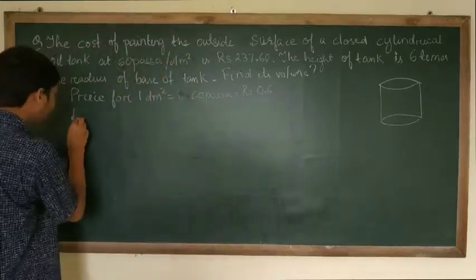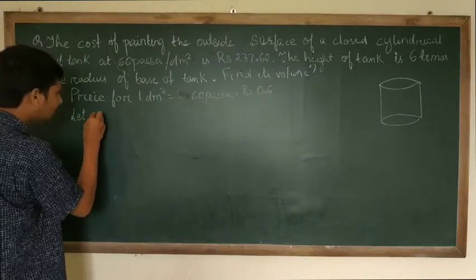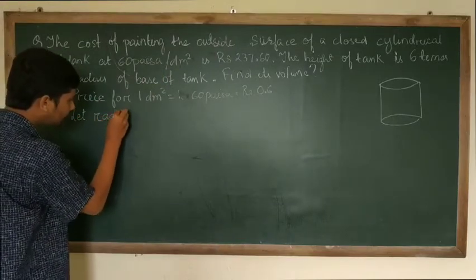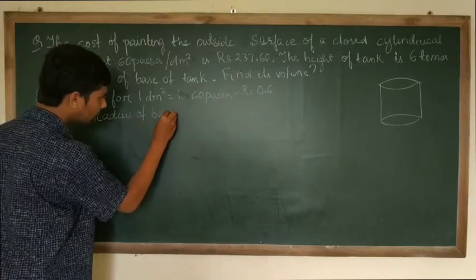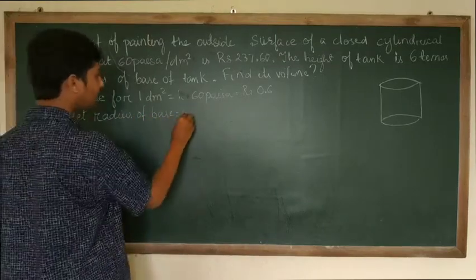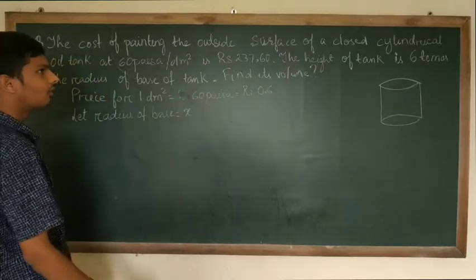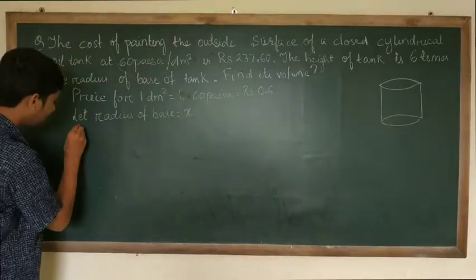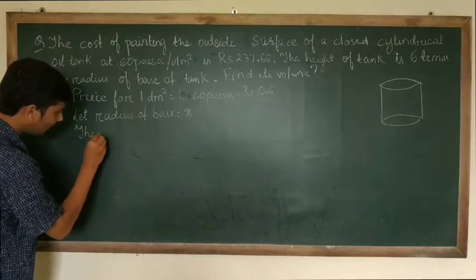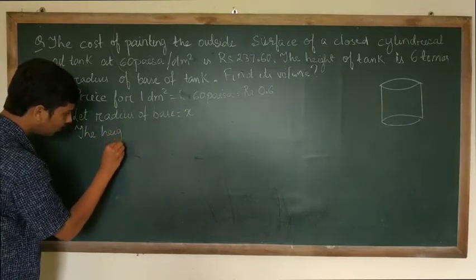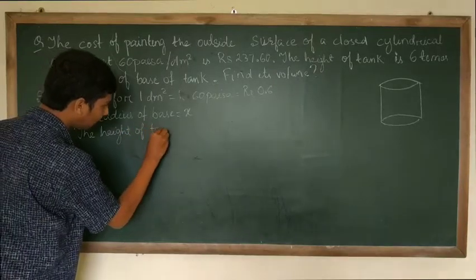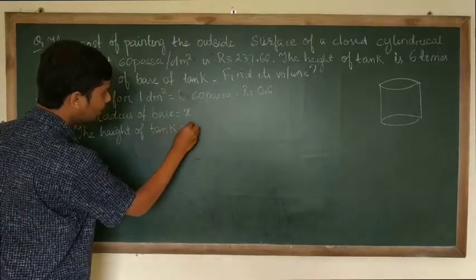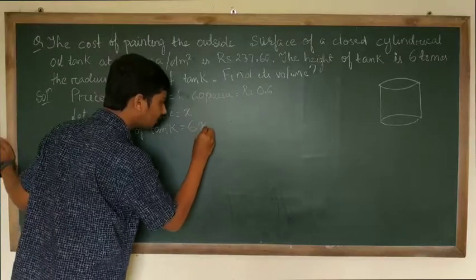Suppose the radius of the base is equal to x. Then what is the height of the tank? The height of the tank is equal to 6x.